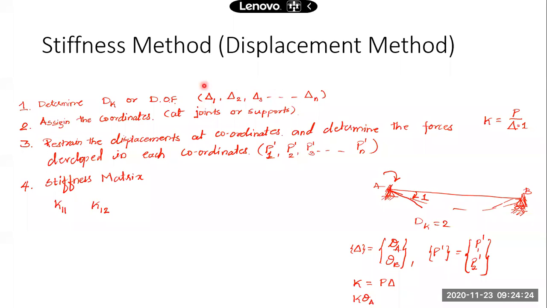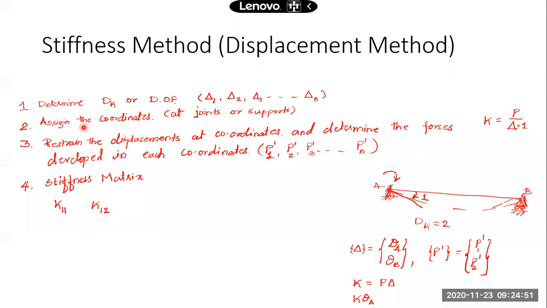Then what I'll do is, I'll assign coordinates at these locations. Wherever the displacements are taking place, at those locations I'm going to assign the coordinates. They are just reference directions, like you have X coordinate, Y coordinate. These are some coordinates assigned by us.